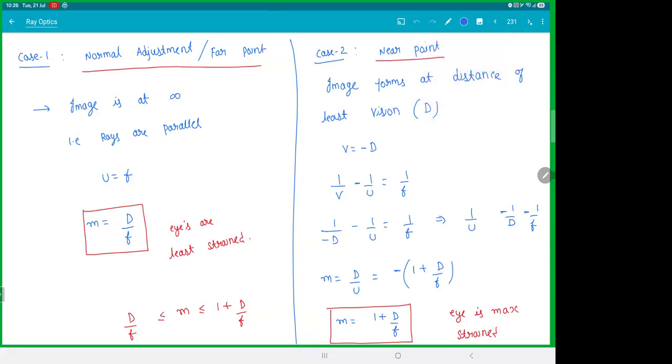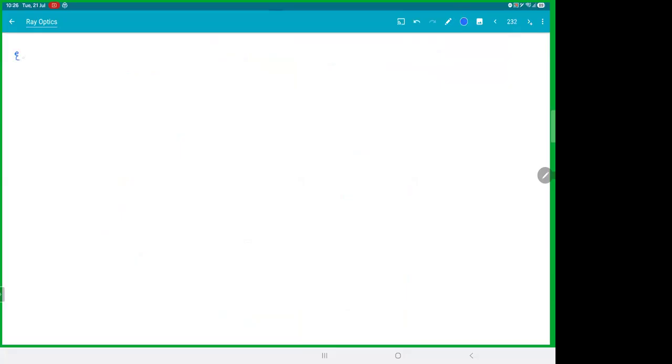Let me show you a question, how they'll ask. A convex lens of focal length 20 centimeters is used as a reading glass. Capital D is 25 centimeters, which is the distance of least vision. That's again a new term, everyone. Terminology is important.